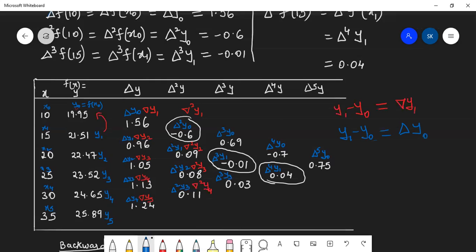Right? The value is same, y1 minus y0 only. The notation is different. So what will be this 0.69 value? Backward delta cube y1. This will be backward delta cube y2. This will be backward delta cube y3. Then this will be backward delta power 4 y1. This will be backward delta power 4 y2. The last one will be backward delta power 5.